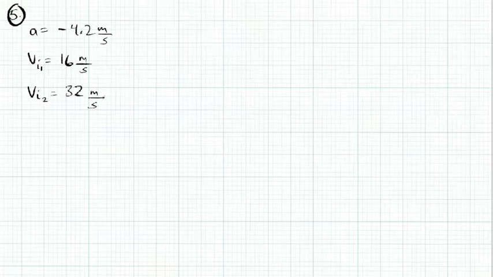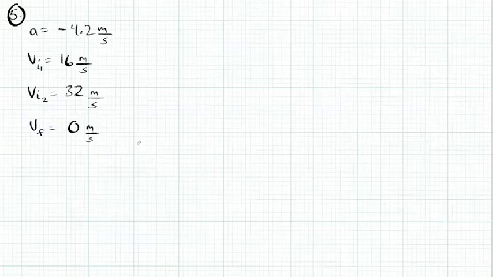These are both the initial velocities of two different cars, or maybe the same car tested at two different speeds. Either way, the final velocity vf is 0 meters per second. If both of these cars are to decelerate to stop, that's going to be our final velocity.